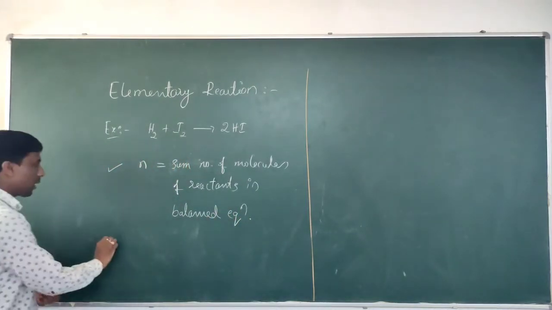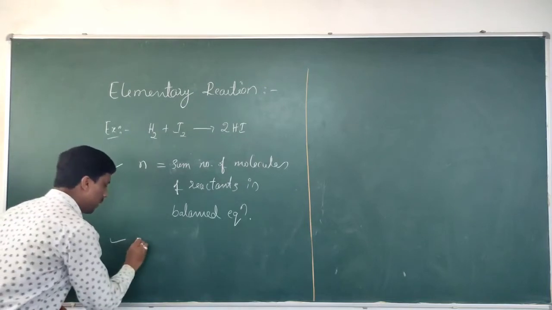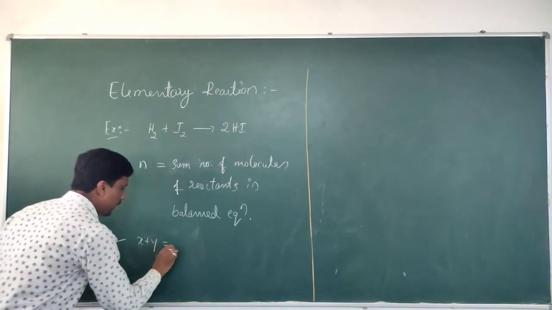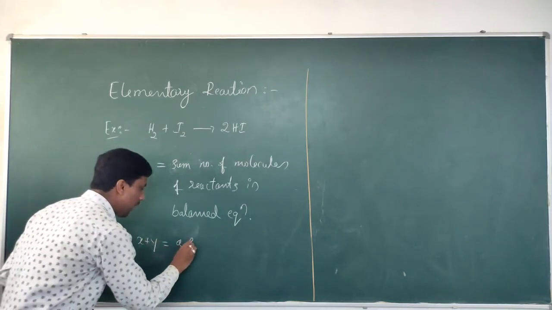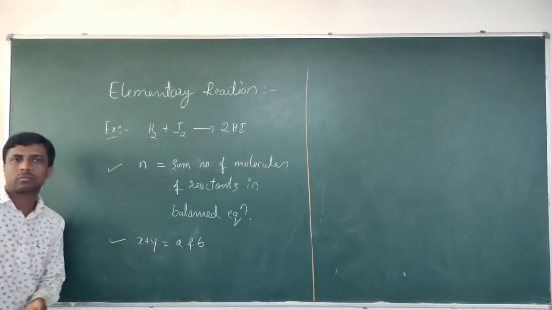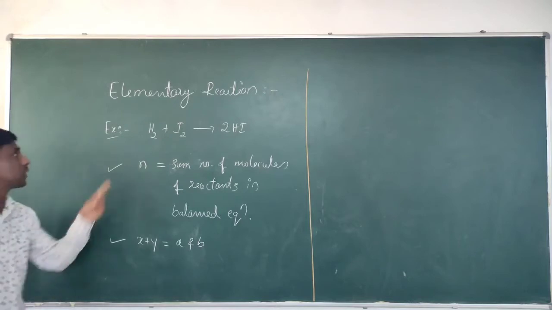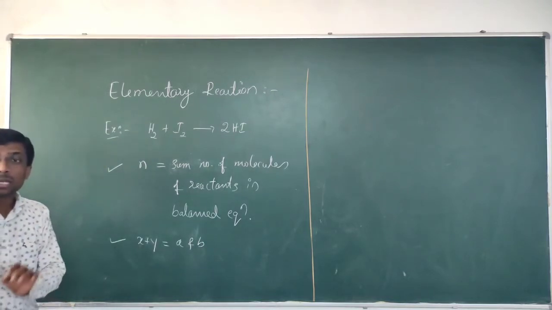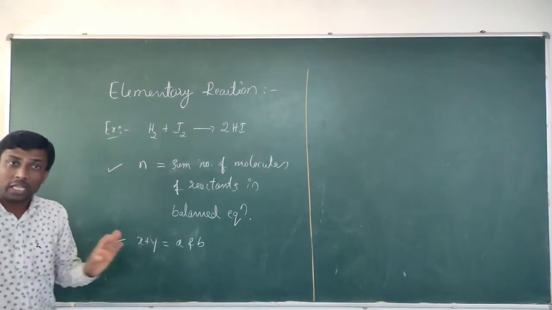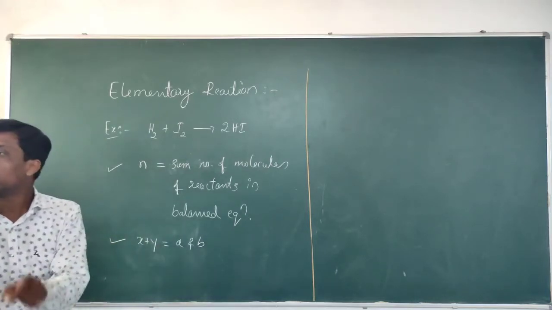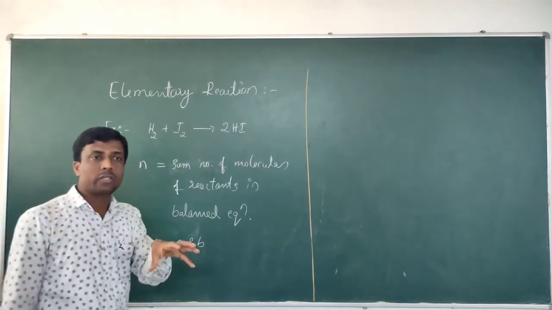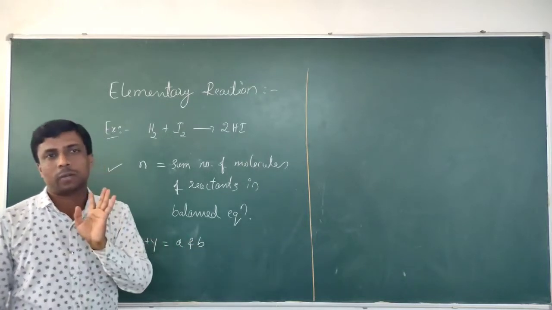It means x plus y is equal to a and b. In the case of an elementary reaction, the order of the reaction, that is the exponential terms, are equal to the stoichiometric coefficients in the balanced chemical equation.